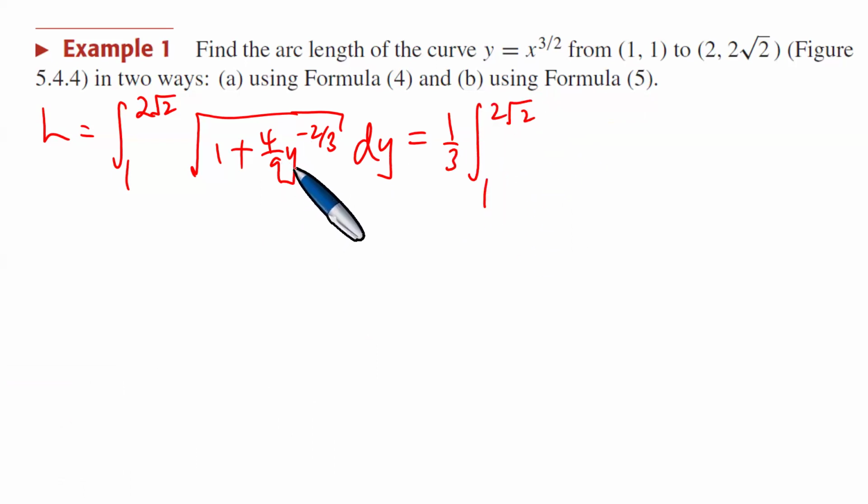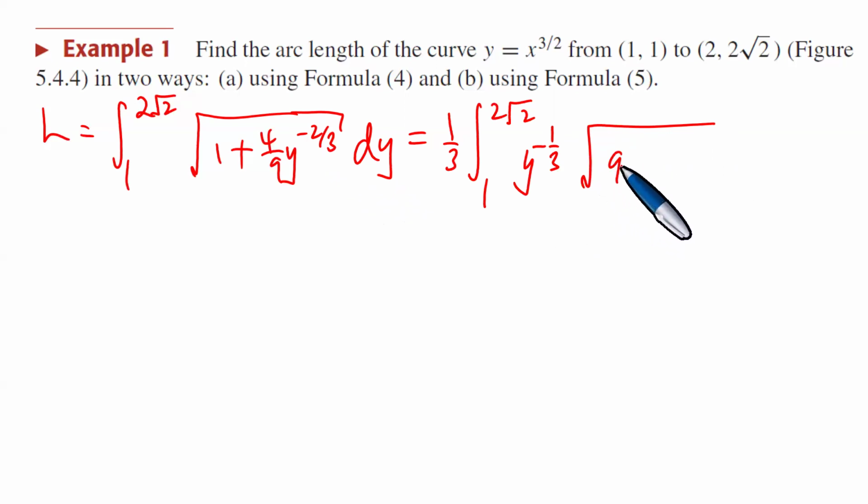And then if you take out the y to the power minus 2/3, you take the square root, which is the square root of 9 y to the power 2/3 plus 4, dy.